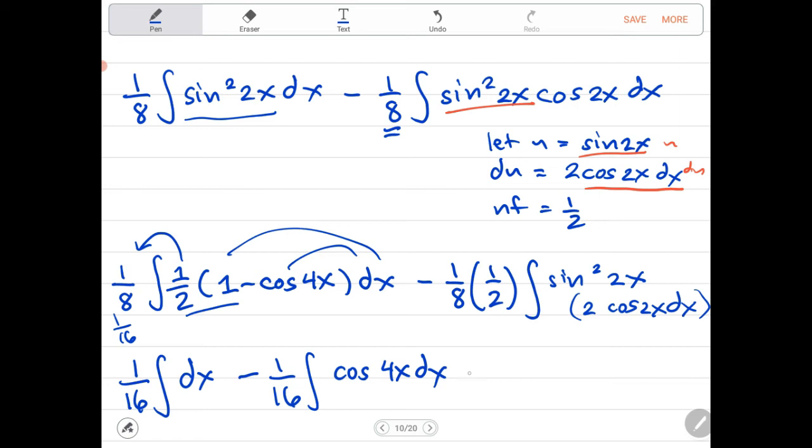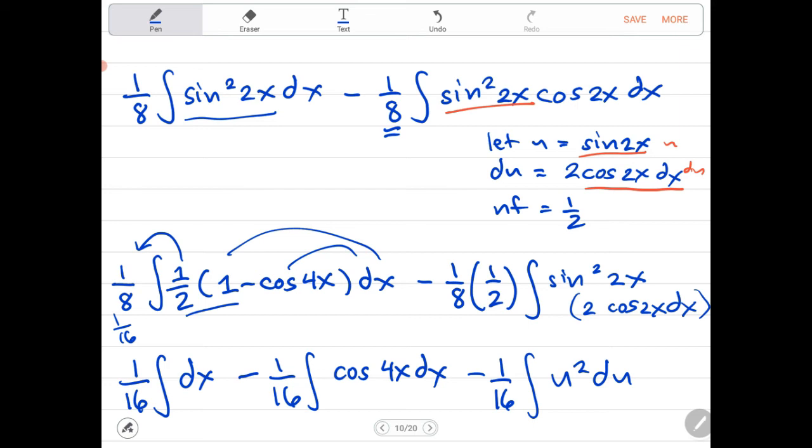The same as this, so minus 1 over 16 the integral of u squared du. As you can see, all of them are integrable. Right? Let's proceed with our final answer.